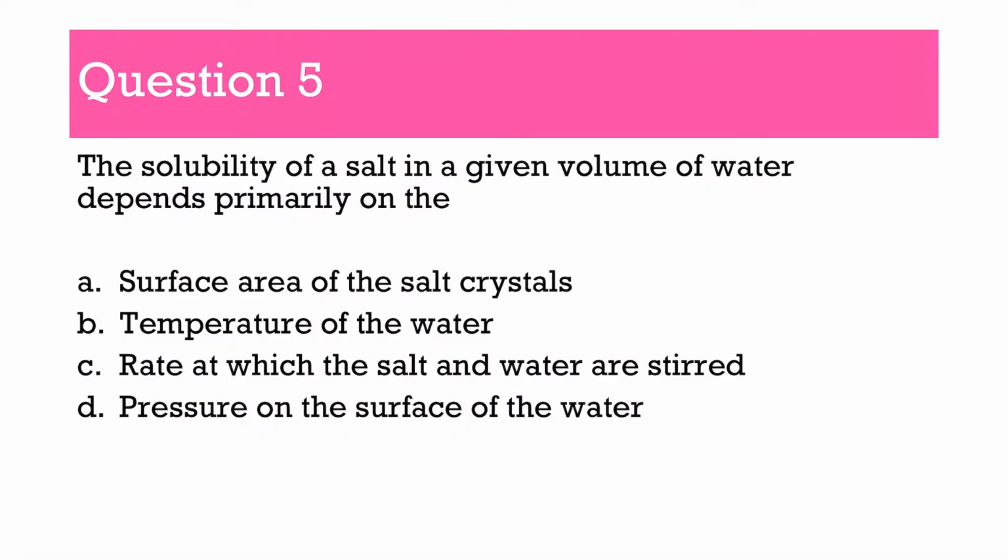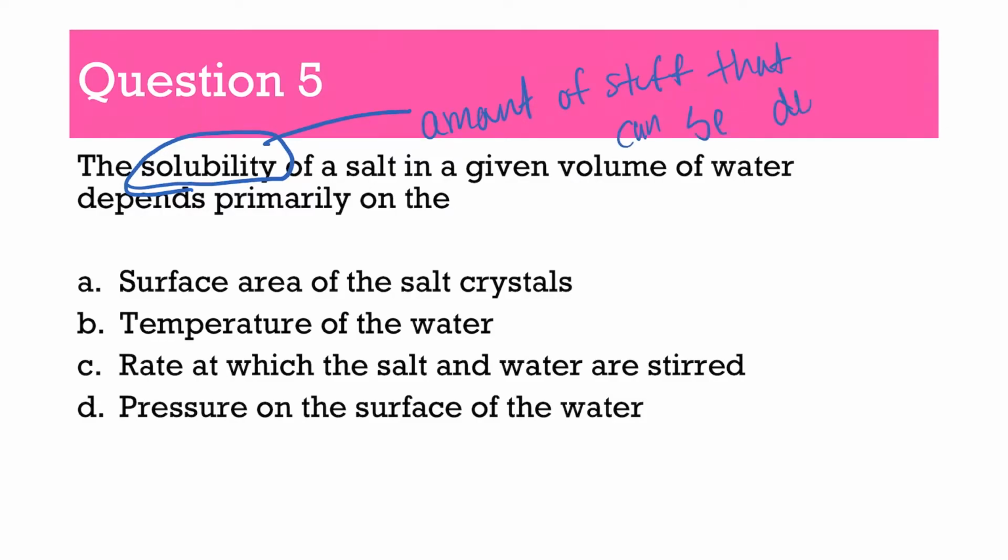Number 5, the solubility of a salt in a given volume of water depends primarily on... So again, we're talking about solubility, and solubility is the amount of stuff that can be dissolved. One of these four things affects how much can be dissolved, and the other three affect how fast something dissolves.